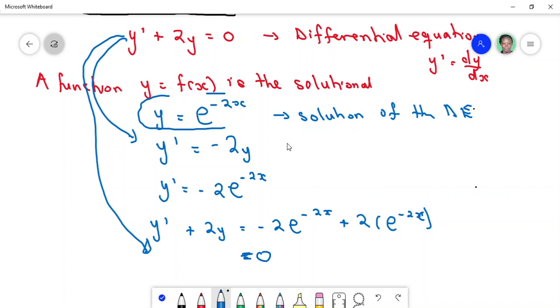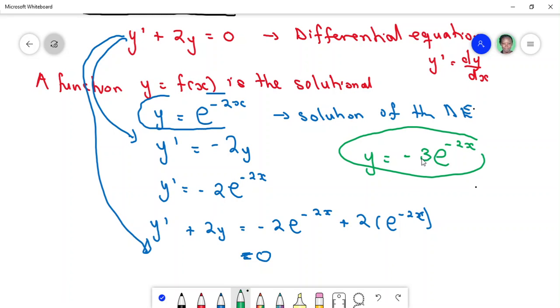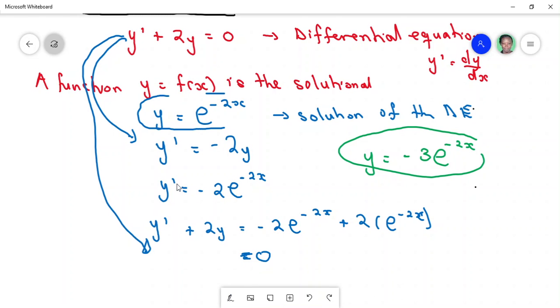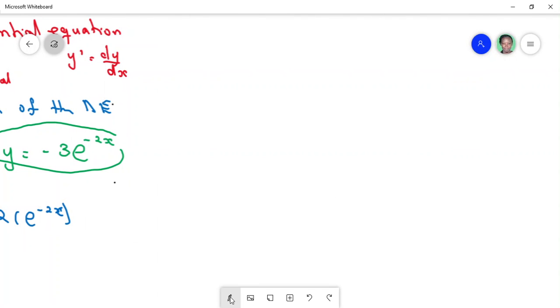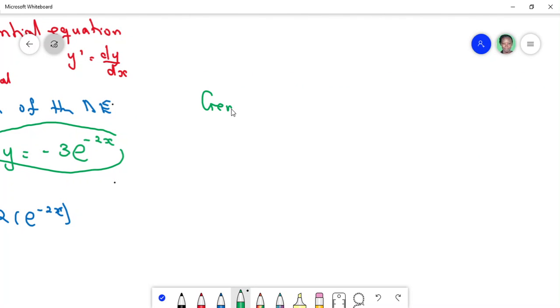I can give you another function, let's say y equal to minus 3e raised to the power minus 2x, and I can say that it is a solution to the differential equation. So from here, we are establishing the general solution.